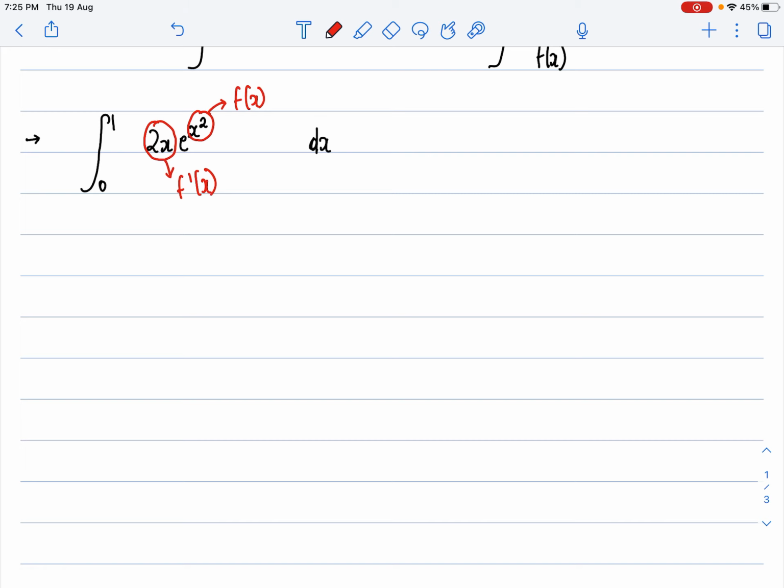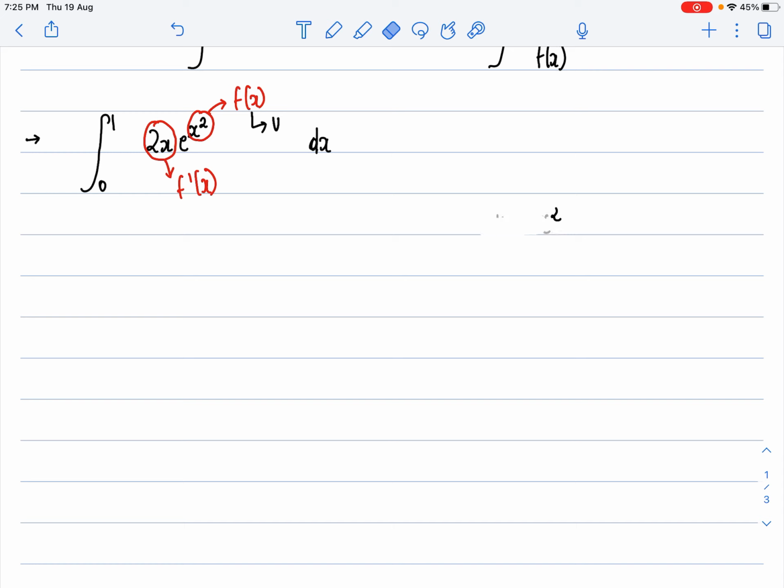Now you take a variable u and you equate it to the f of x. So f of x is always equated to u. You equate it to x square here.